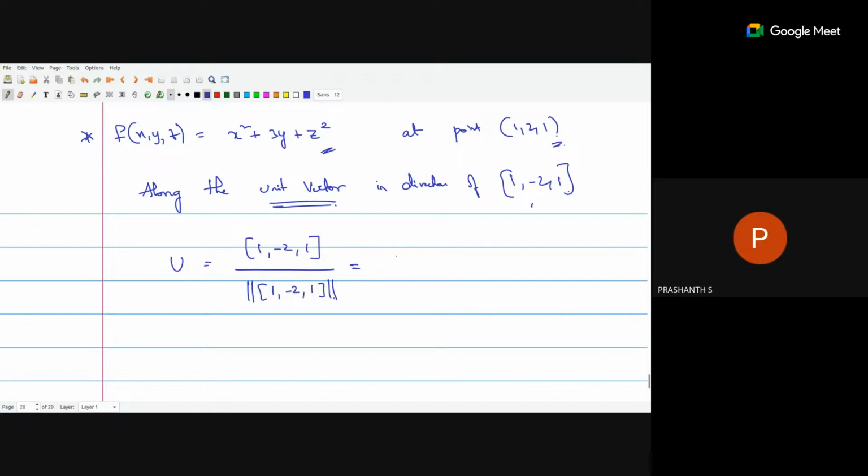So length is the norm here, right? Length is the norm. So maybe I will write it in ijk, i minus 2j plus k divided by root of 1 square plus minus 2 square plus 1 square. So this will be 4 plus 2, 6.